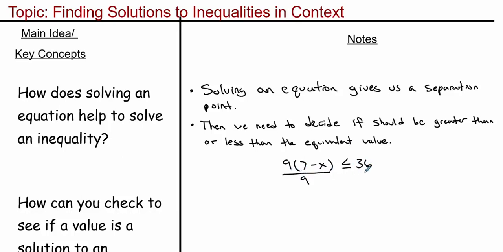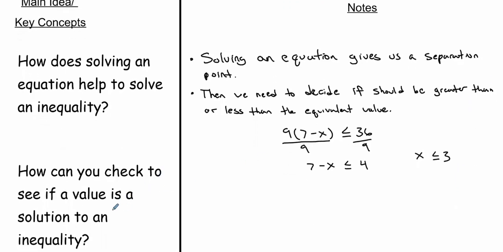We divide by 9, divide by 9, we get 7 minus x has to be less than or equal to 4. And now I know that 7 minus 3 has to be less than or equal to 4. So x has to be less than or equal to 3.